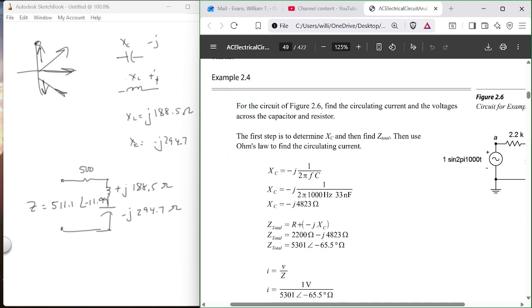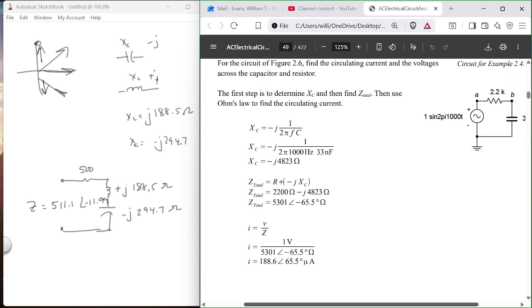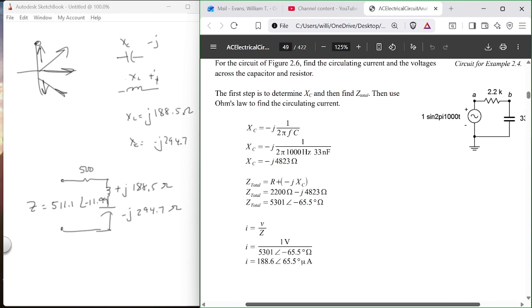Now what do we ask you to do? B and I. You knew there was more, right? So how would you find the voltage across the capacitor, the voltage across the resistor in a circuit like this?